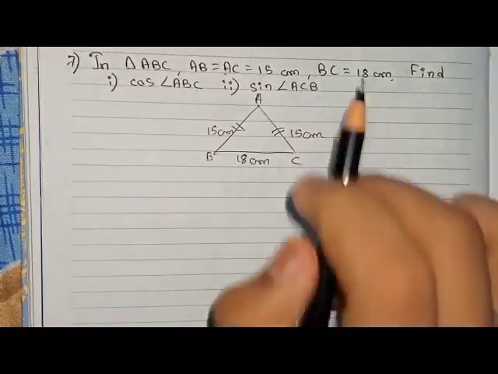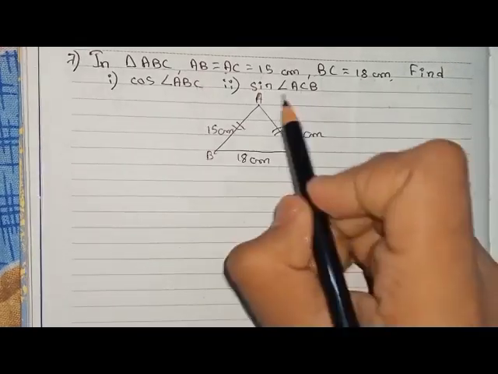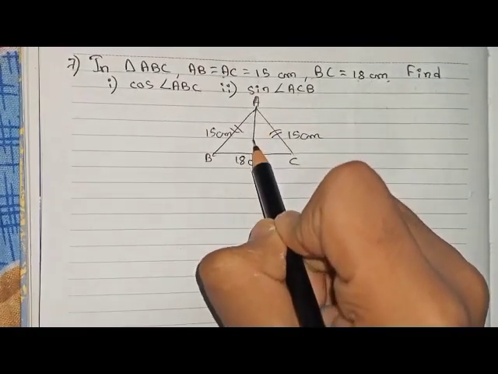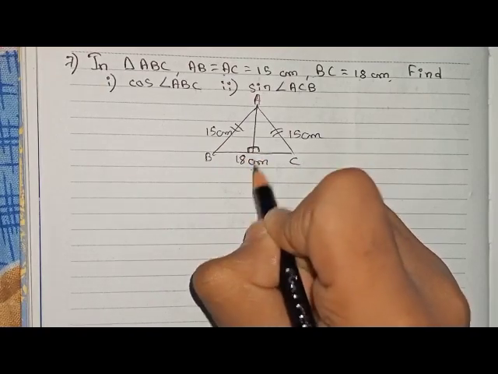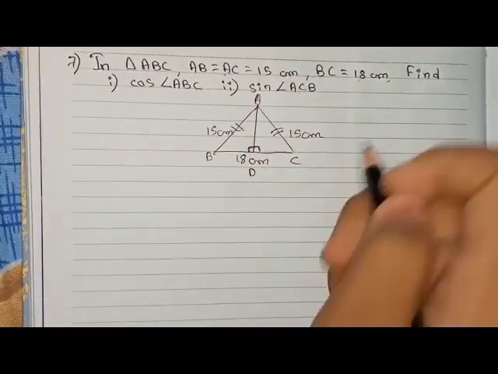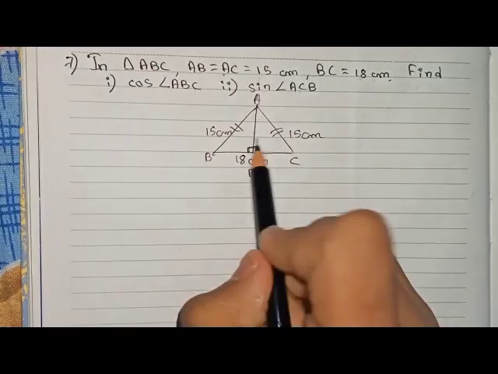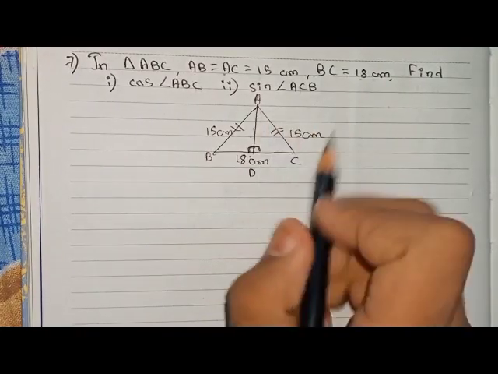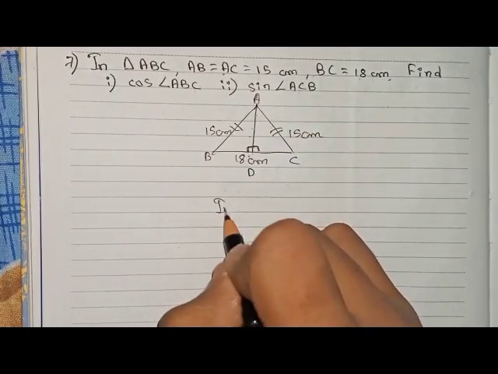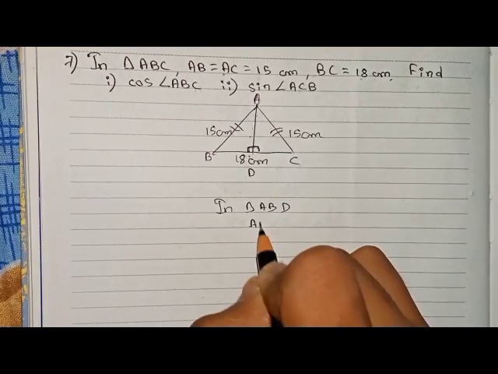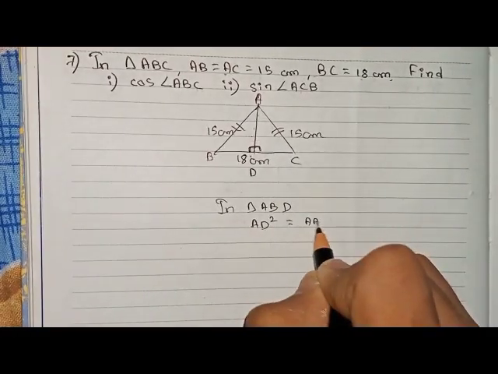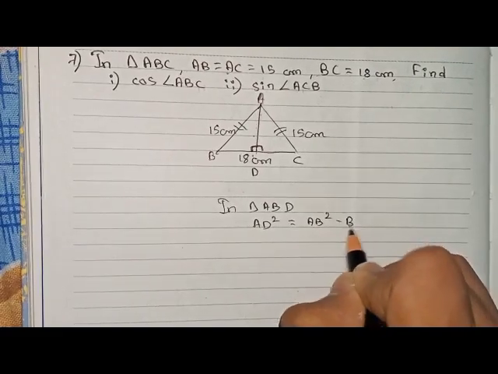Now to apply the Pythagoras theorem or the trigonometrical ratios, we draw a perpendicular. So now we got two right angles. Let this be D. So we have to find this AD first. In triangle ABD, we take the direct formula. AD square is equal to AB square minus BD square.